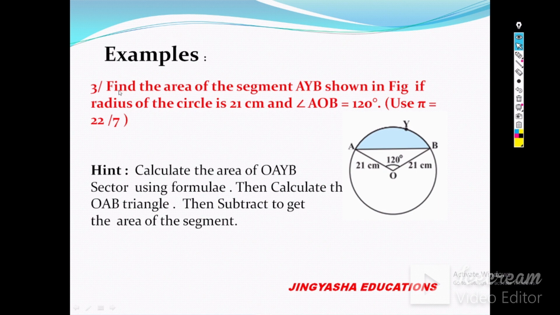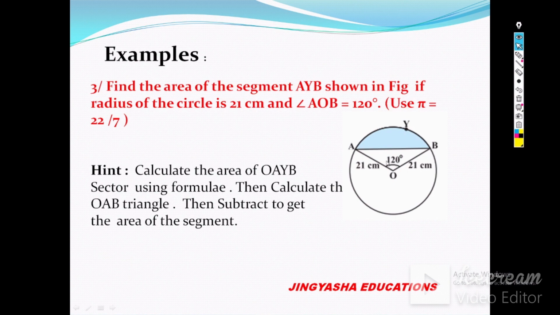Now we go to the next example. Find the area of the segment AYB. It is this segment AYB, and the radius is 21 centimeter and AOB is 120 degree. So see, here you again draw the lines and you see it is 21, it is 21, it is 120 degree, and you just apply the formula to get the area of OAYB.